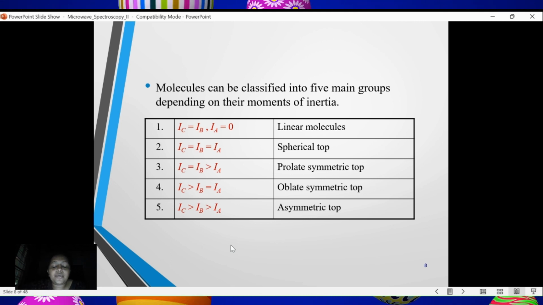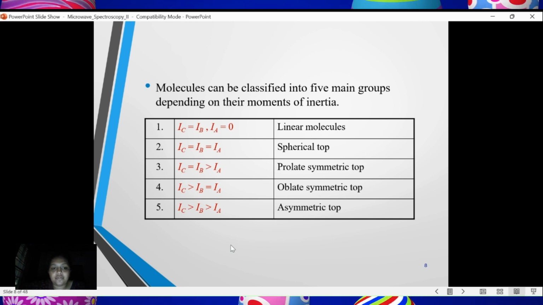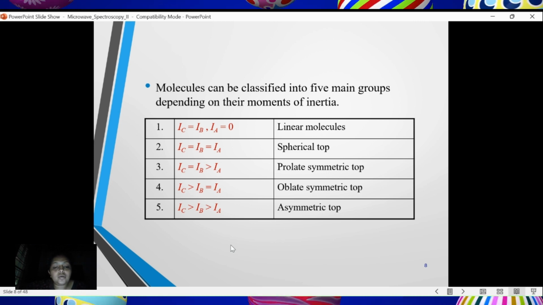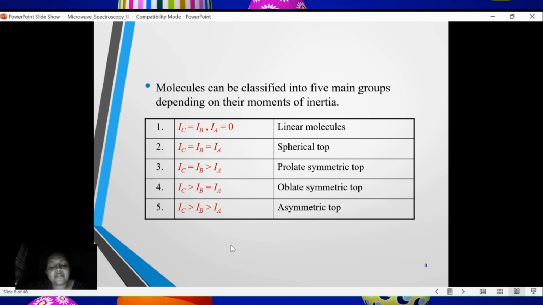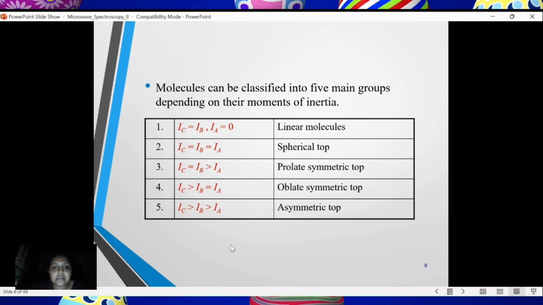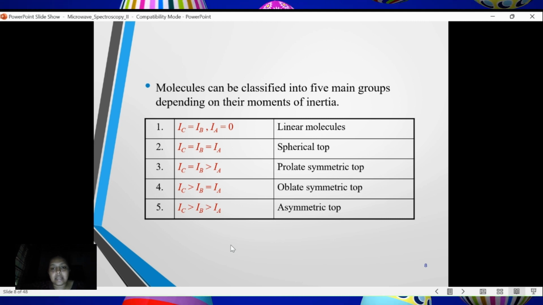Here, molecules are classified into five main groups depending upon the moment of inertia. If IC is equal to IB, that is, if the moments of inertia about the two axes perpendicular to the bond axis A are equal, and IA is equal to 0, then they are considered linear molecules.